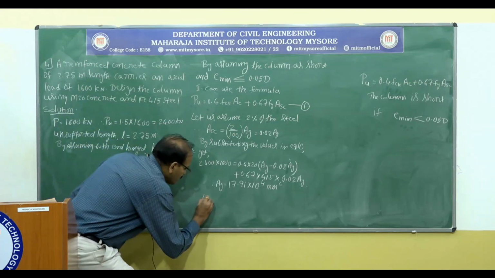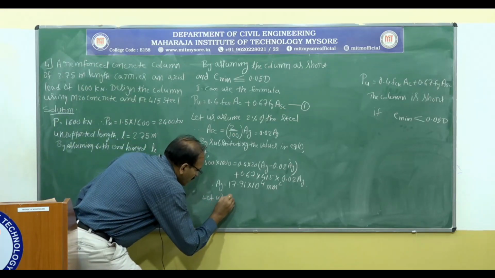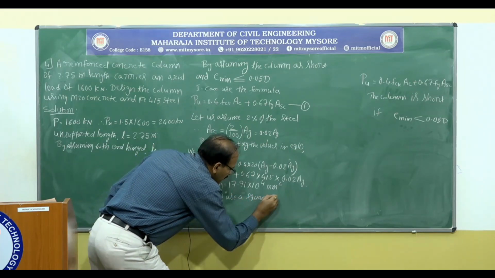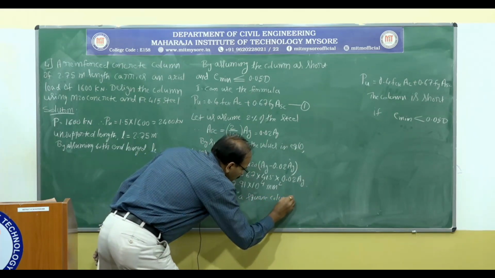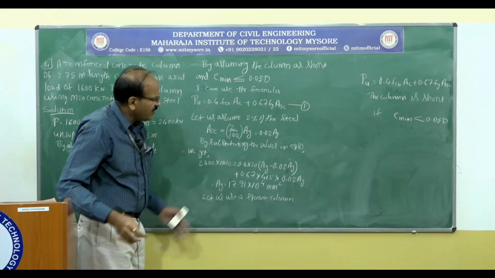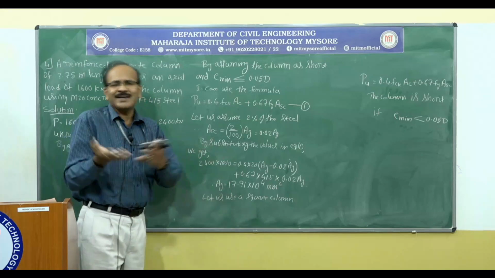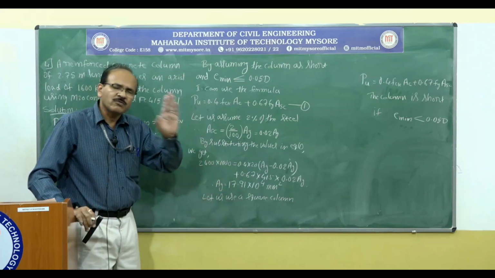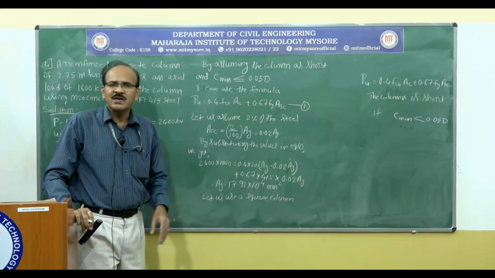So let us use a square column. Depending on the requirement, you can change this to a rectangular column. Here nothing is given, so I am going to assume a square column.